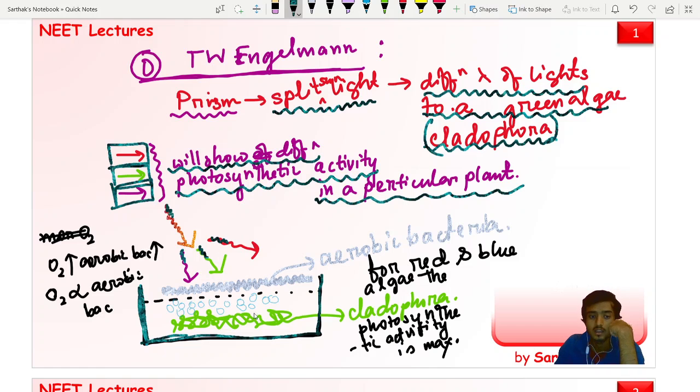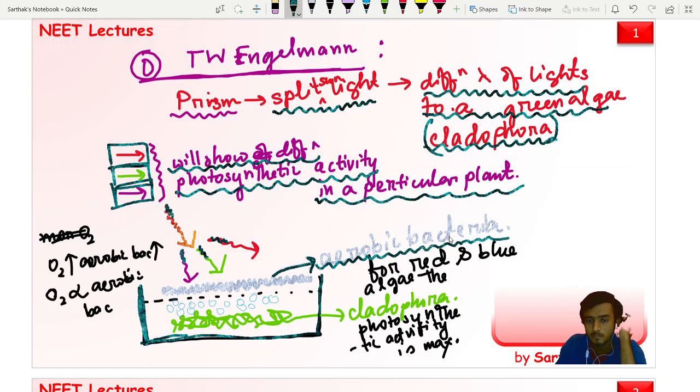Then he illuminated the algae named Cladophora, which is shown in green color here, and he placed aerobic bacteria above the solution.